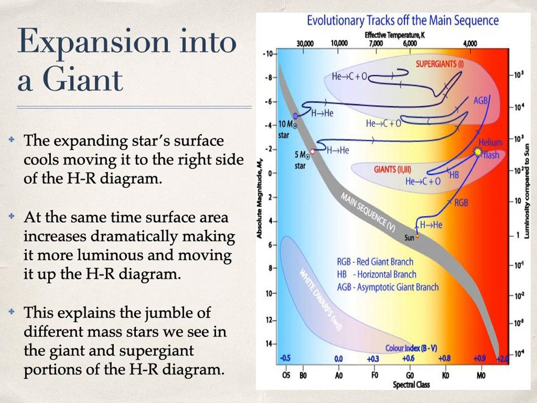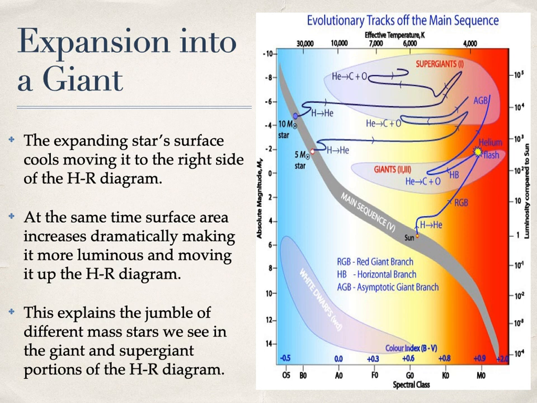The expanding star's surface cools, which moves it to the right side of the HR diagram. So if you're looking at the picture of our sun there, when it starts to expand 5 billion years from now, it's going to slide off to the right of the diagram, but at the same time, the surface area is going to increase a lot, making it more luminous and causing it to go up the diagram, because luminosity is going upwards.